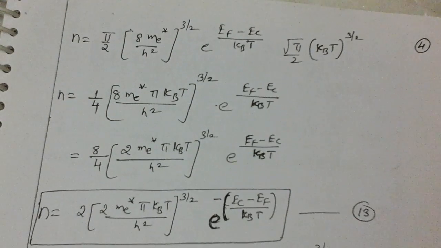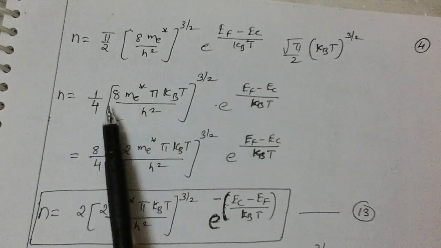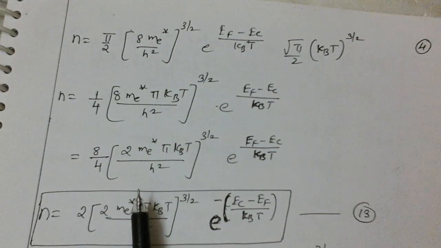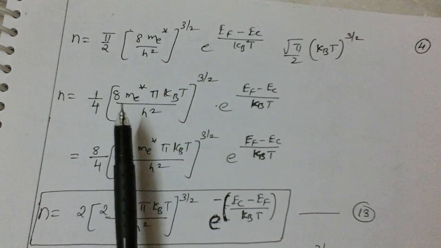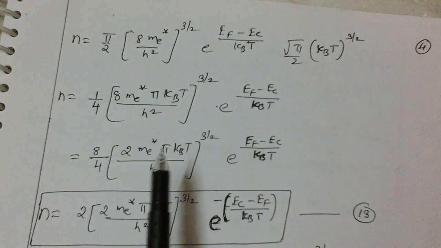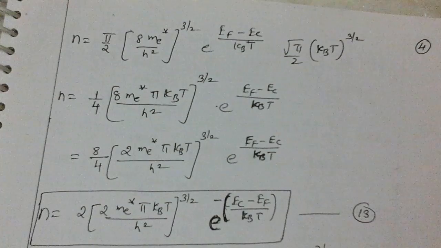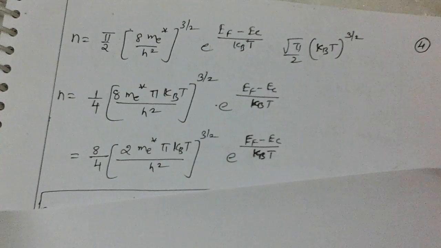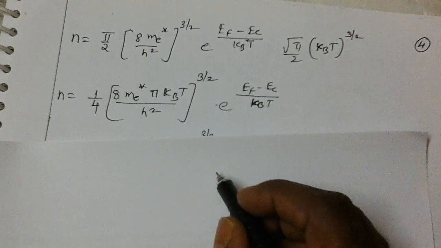Now here we are writing this 8. 8 I can write as 2 cube, and 2 cube means 4 into 2. Let me show the simplification.